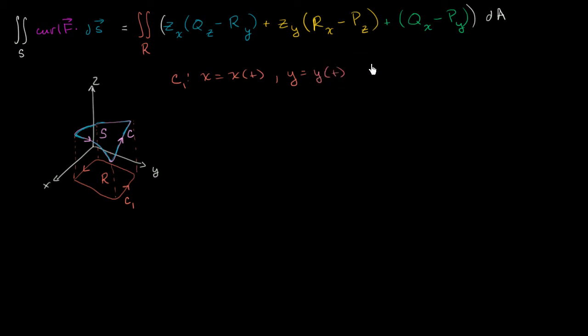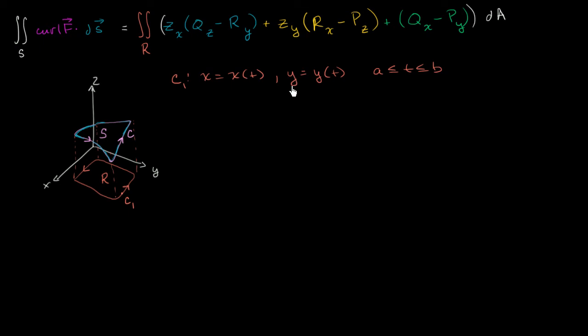And t is obviously our parameter, and it can go between a and b. So maybe when t is equal to a, it sits right here, and then as t gets larger and larger, it goes all the way around, and eventually when t is equal to b, it gets to that exact same point. So that's our parameterization right there.